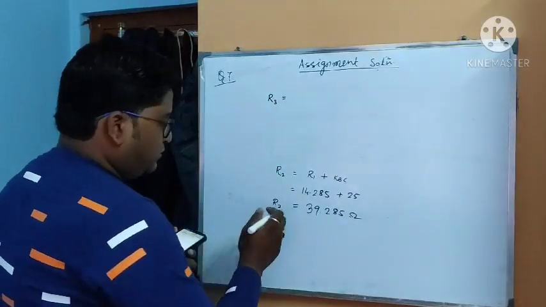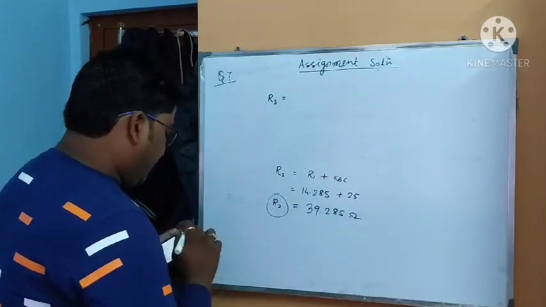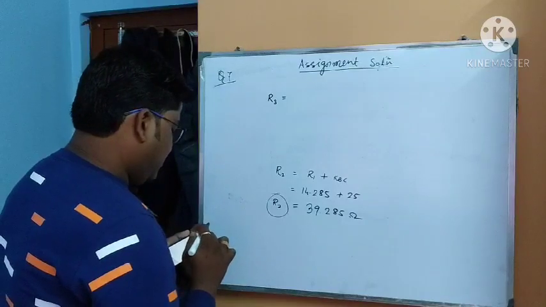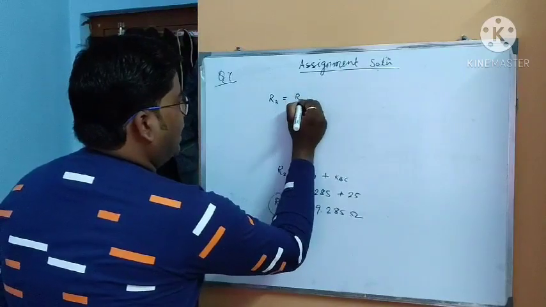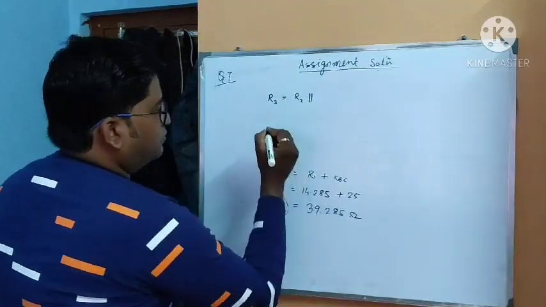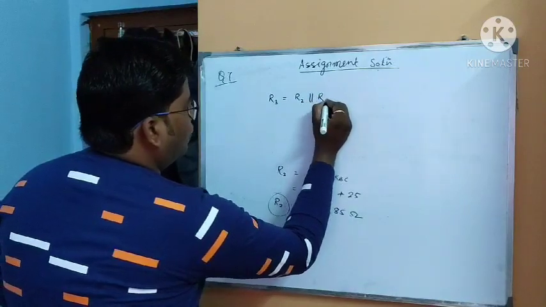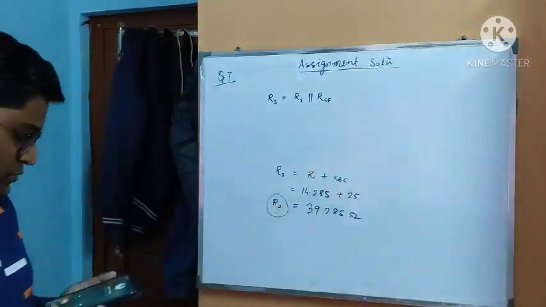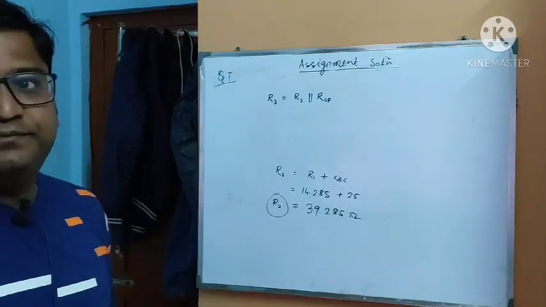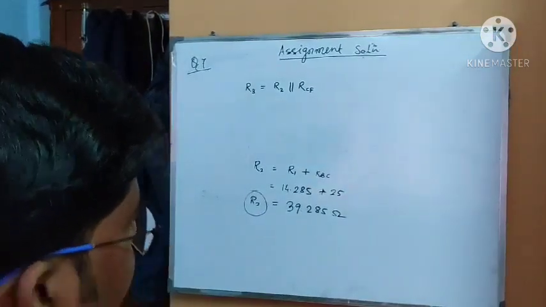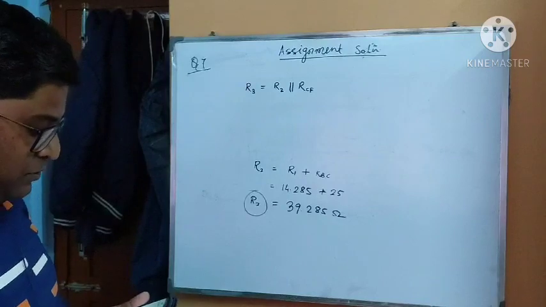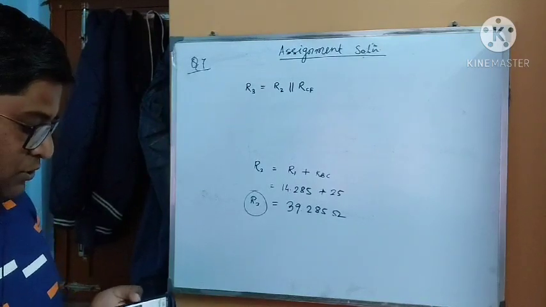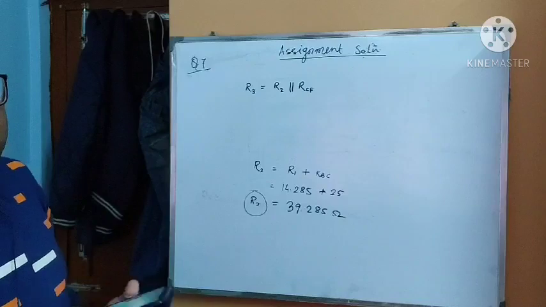So this combination, R2, is in parallel with the resistance present in the branch CF. So this is R2, this is the symbol of parallel combination. R2 is in parallel with R of CF. So R3 is the parallel combination of R2 and R of CF, that means the resistance present in between the branch C and F.